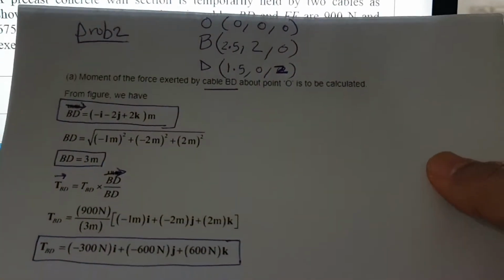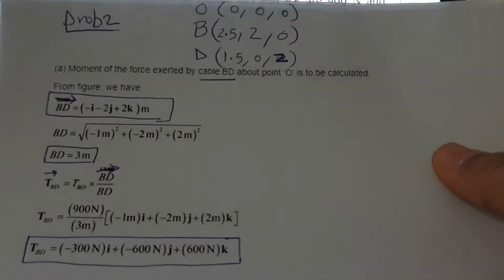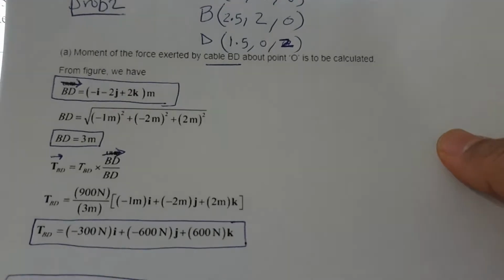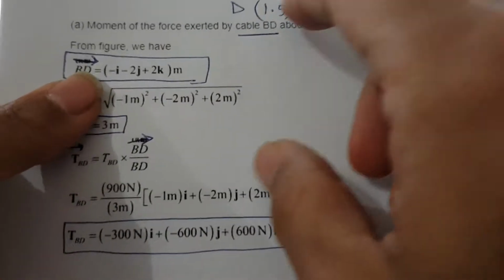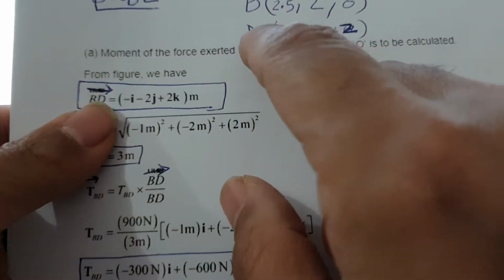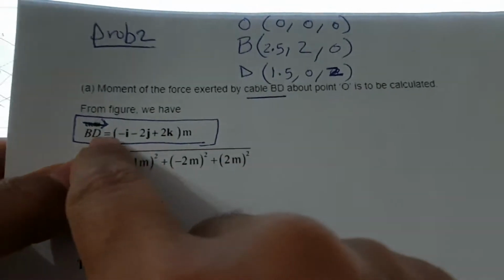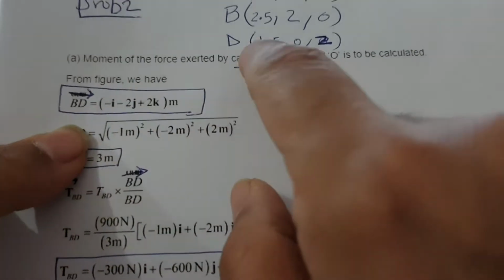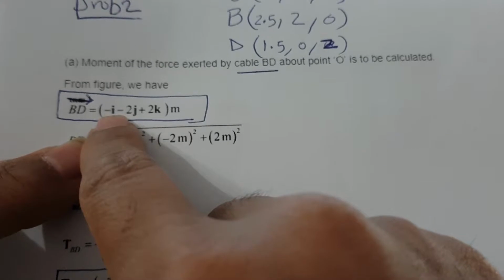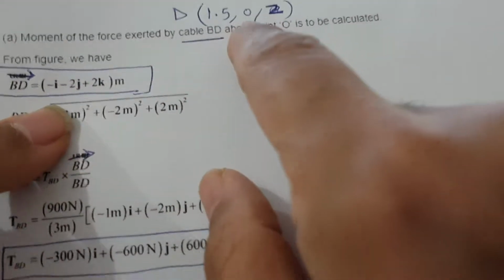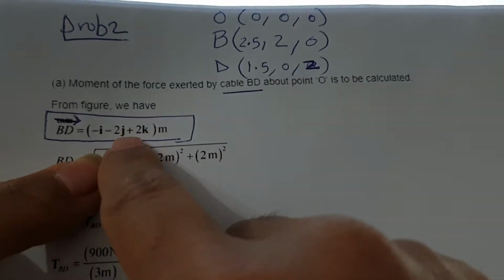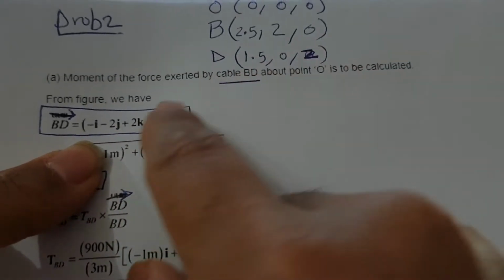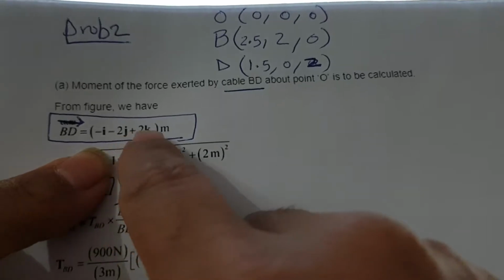Now, since we have the coordinates, everything will be easy. Now let's find the vector BD. For the vector BD, you go from D minus B. So 1.5 minus 2.5 is minus 1 i. 0 minus 2 is minus 2j. 2 minus 0 is plus 2k.